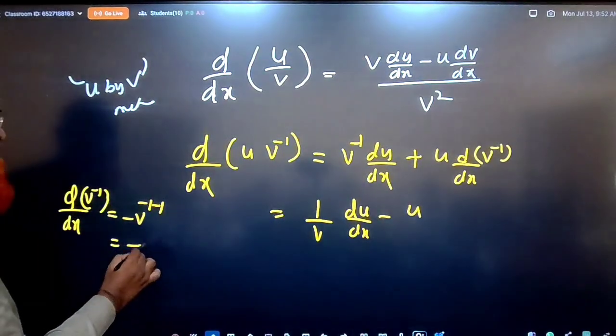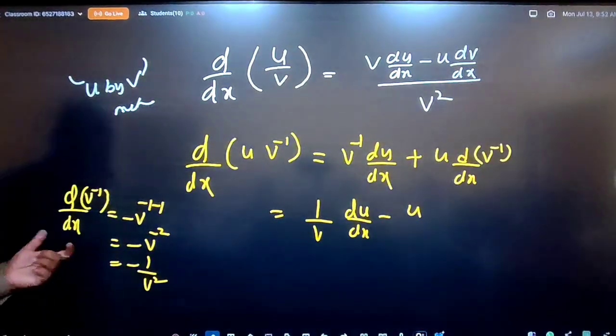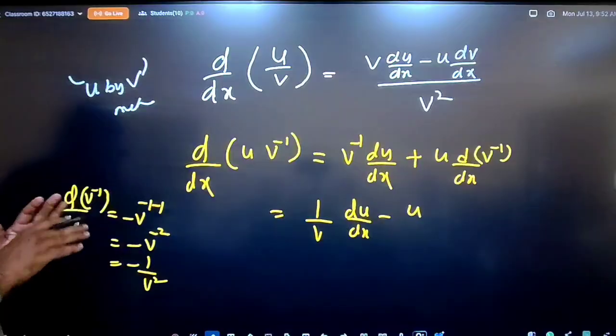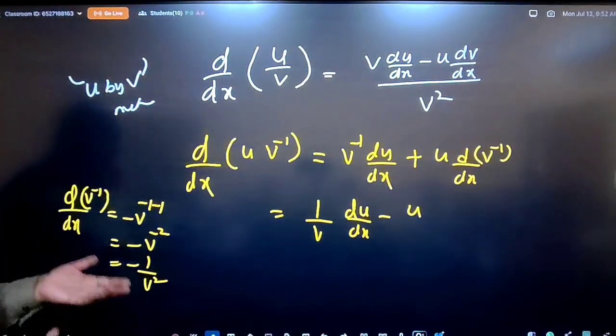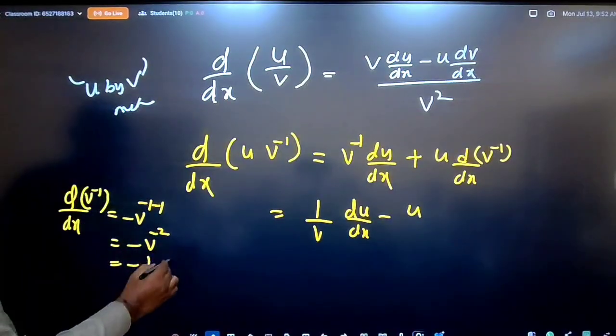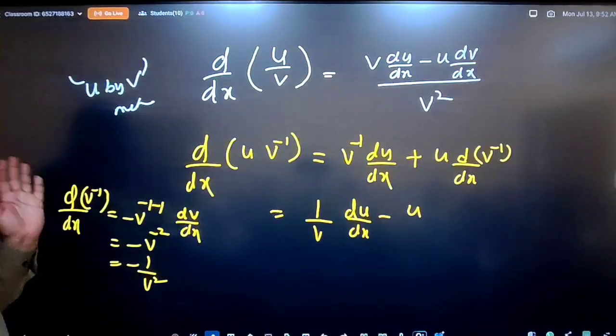This is going to be minus v power of minus 2, which is minus 1 by v square you are getting. And here the variable in the denominator and the variable in the numerator are completely different. If it was x here, dx by dx was 1. But with v separately, if you differentiate, how much will you get? dv by dx as it is you have to write and keep it.